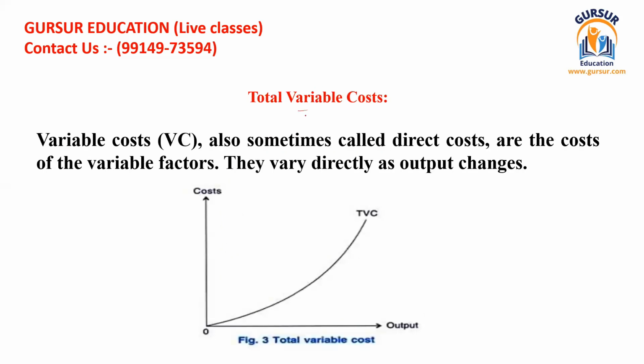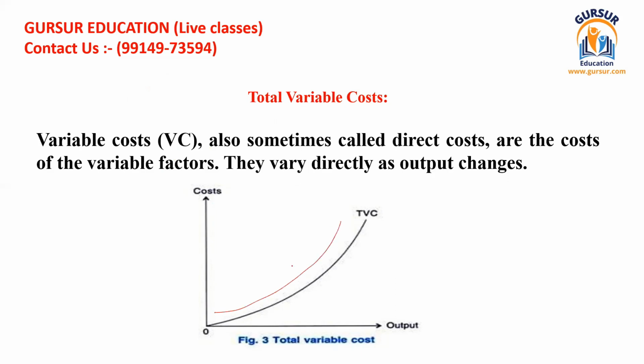Then this is total variable cost. What is this? These are known as the direct costs, which can vary. So whatever the production you are making, for example, electricity, whatever the units you are consuming, on the basis of that, your bill shall be issued to you. So these kinds of costs are known as variable costs. These are direct costs regarding the variable factor. This is why their curve is like that.